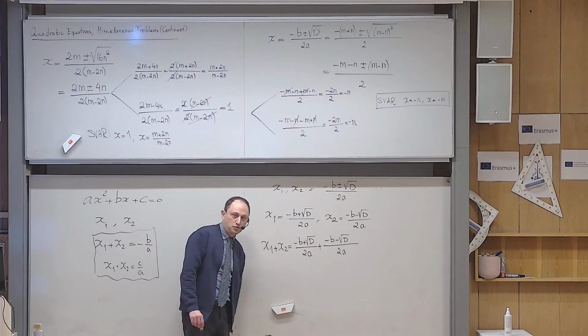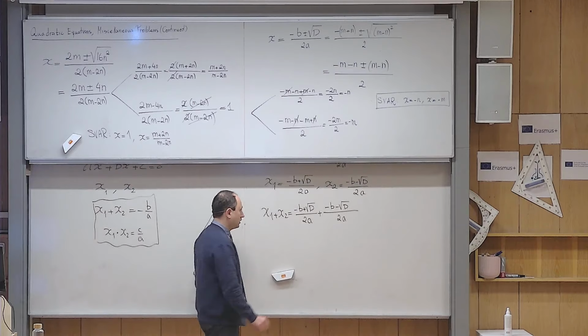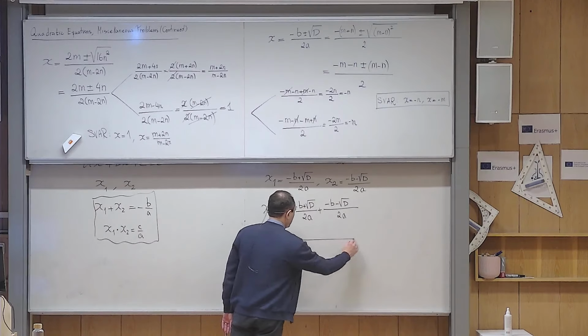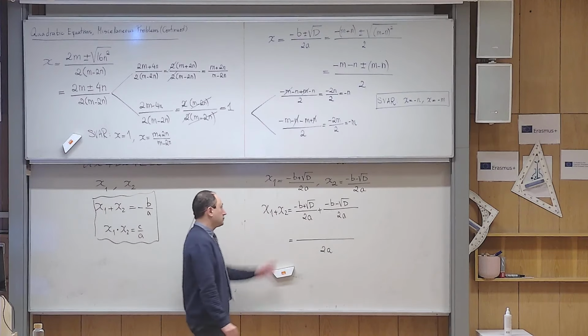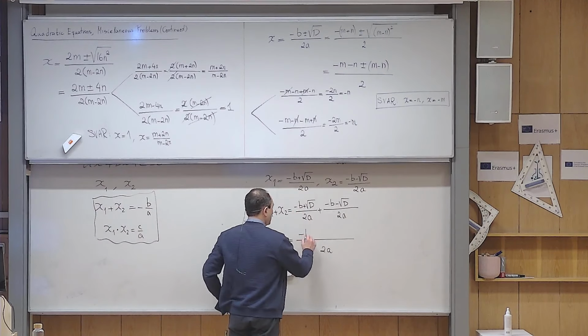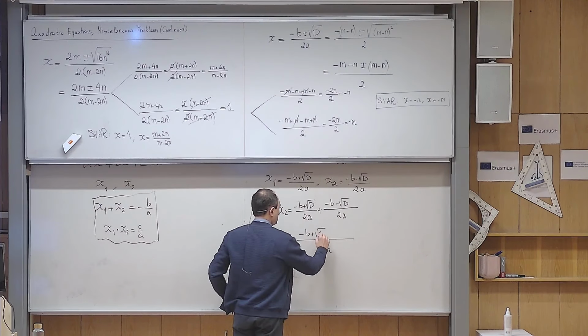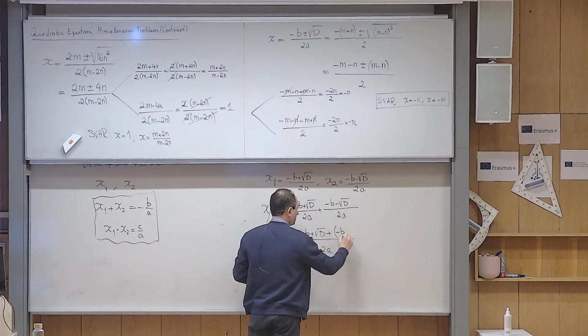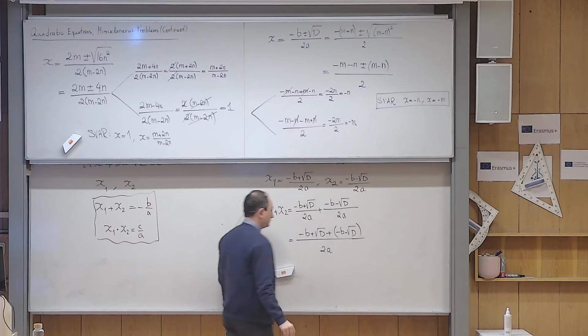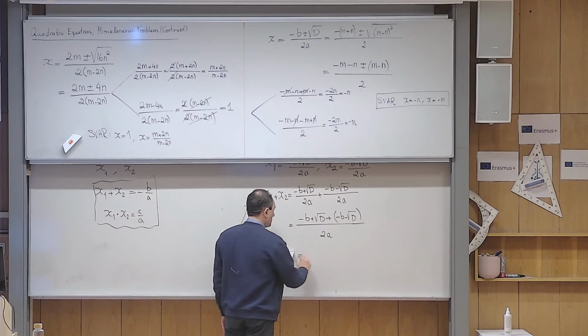Fortunately, yes. So I don't even need to bother to take the common denominator. The common denominator is in front of my eyes. It's 2a. So what I will do, I will add the numerators, yes? But this plus the whole thing. Okay, let us hope for the best.